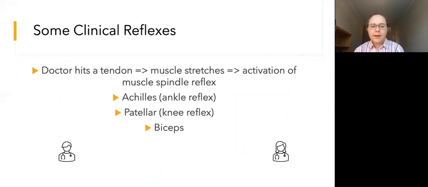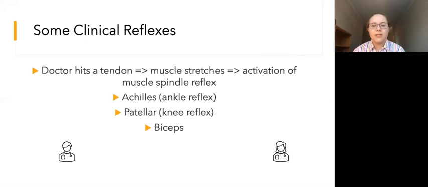So let's talk about an important application of the muscle spindle reflex. When a doctor or another medical professional uses their reflex hammer to tap just below your knee, they're eliciting the patellar reflex. By hitting the tendon below your knee, the doctor stretches the tendon and the quadriceps muscle, which is the muscle that tendon is connected to.